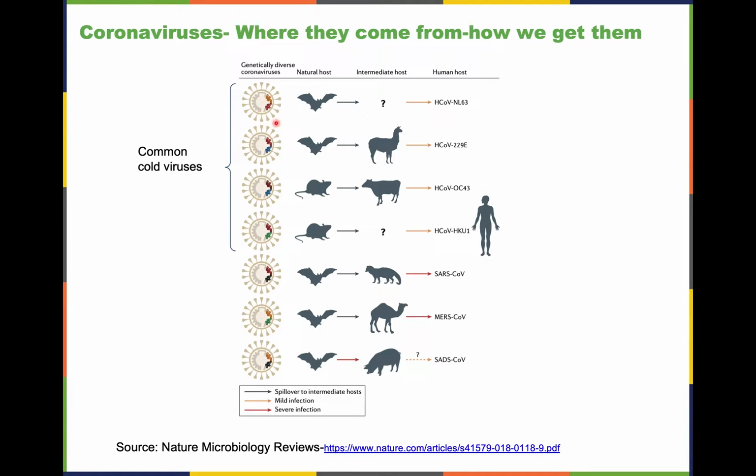Most of the hosts for coronaviruses, in most cases, are bats, but there are also coronaviruses that live in mice or in rodents. That's where, based on sequencing, coronaviruses have originally been found.